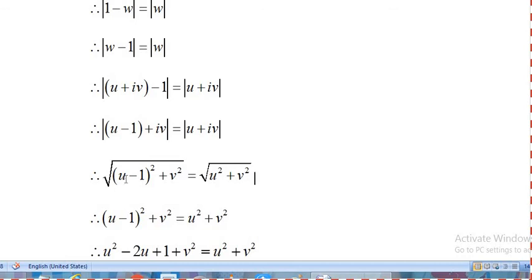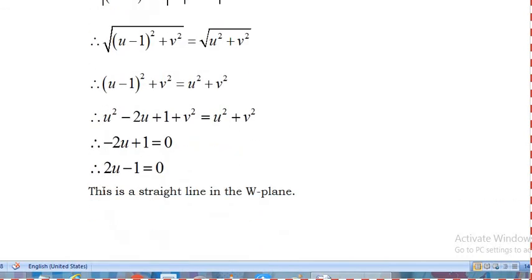Therefore, square root of u minus 1 square plus v square is equal to square root of u square plus v square. Therefore, u minus 1 whole square plus v square equal to u square plus v square. Let us simplify. u square minus 2u plus 1 plus v square equal to u square plus v square. u square plus v square cancels. Minus 2u plus 1 equal to 0.